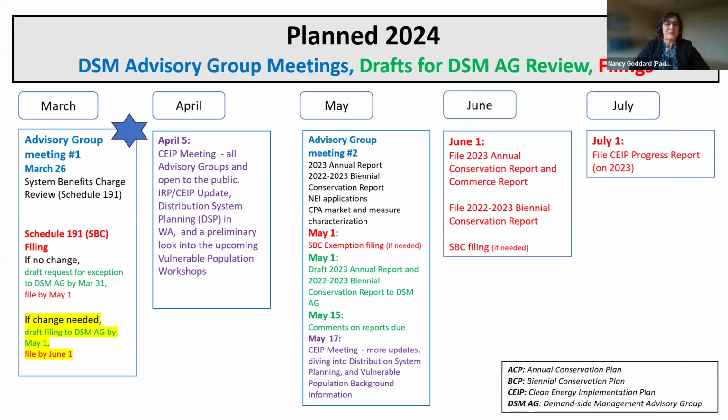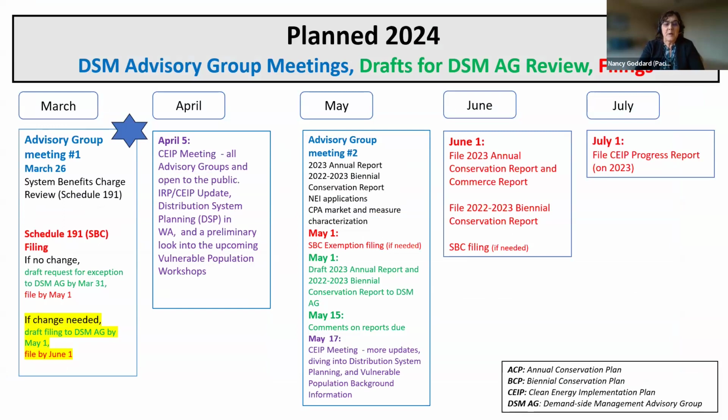Good morning. I'm Nancy Goddard. I'm the program manager for our energy efficiency program for business customers, and I also manage our Washington DSM advisory group. As folks mentioned earlier, we have a portfolio of energy efficiency programs to help our customers save energy and save money on their bills.